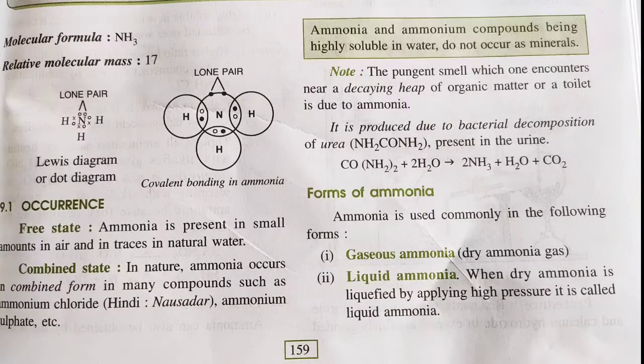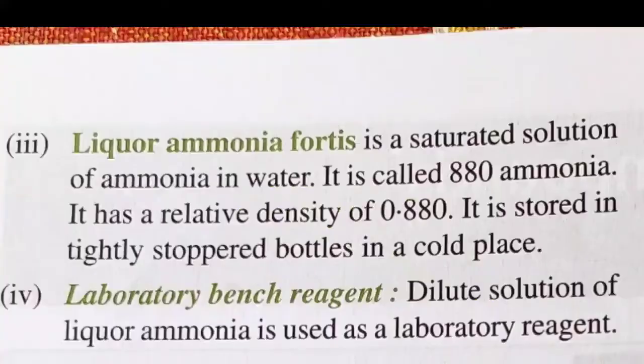And the third, we have the liquor ammonia fortis, which is a saturated solution of ammonia with water, and it's also called 880 ammonia. And lastly, we have the laboratory bench reagent. This is the dilute solution of liquor ammonia, which is used in the laboratory as a reagent.